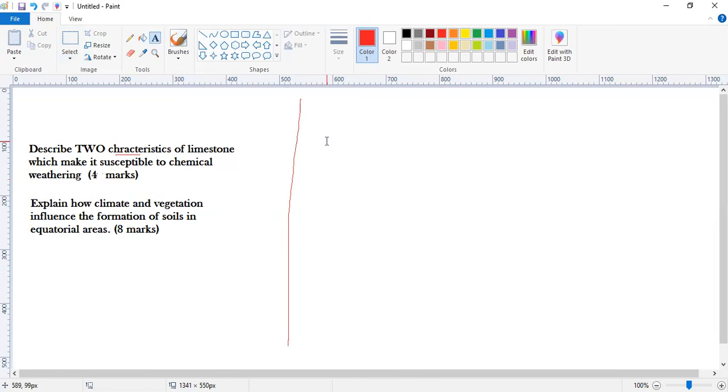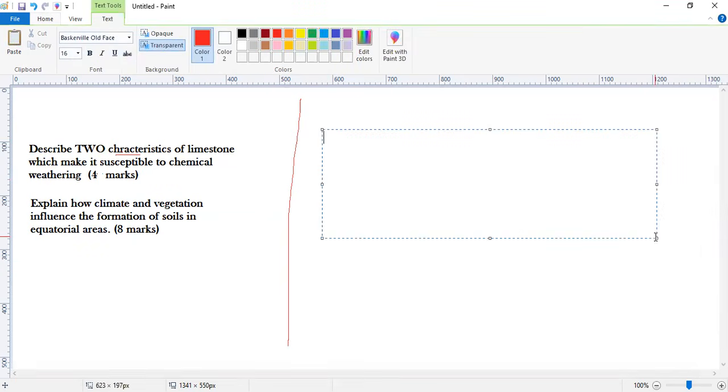Now, what are the characteristics of limestone? Or what are the characteristics of any rock? Characteristics of rock include structure, texture, permeability, composition, etc. But it also includes color, and we could go on.